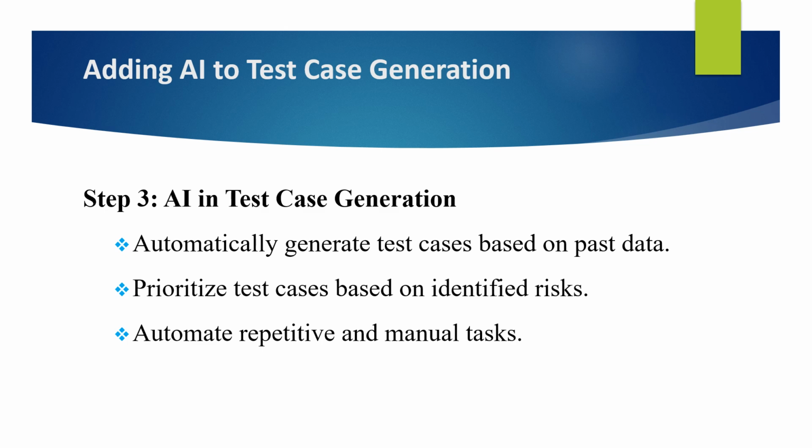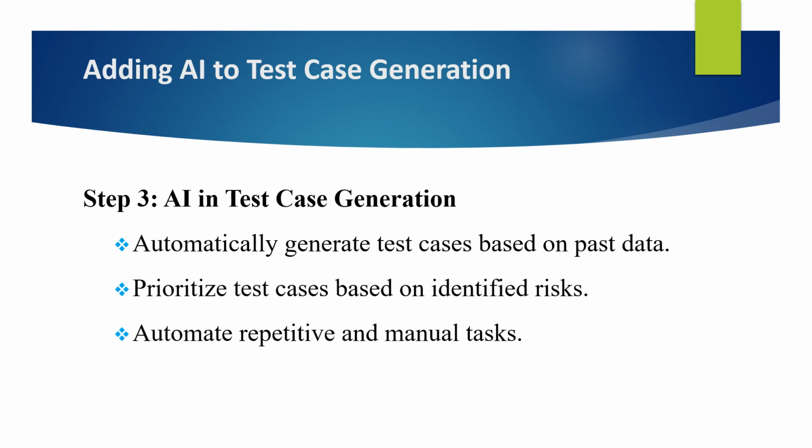Test case generation is one of the most time consuming aspects of QA. AI can significantly reduce the manual effort here. For instance, AI can analyze previous test data and automatically generate new test cases based on patterns it detects. But that's not all.